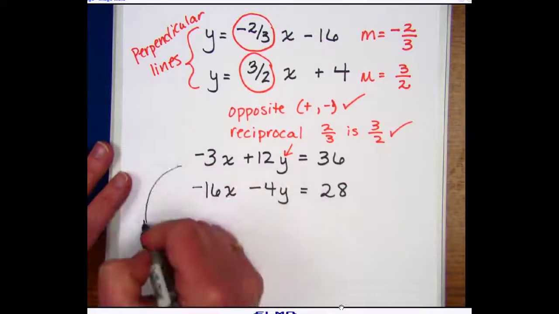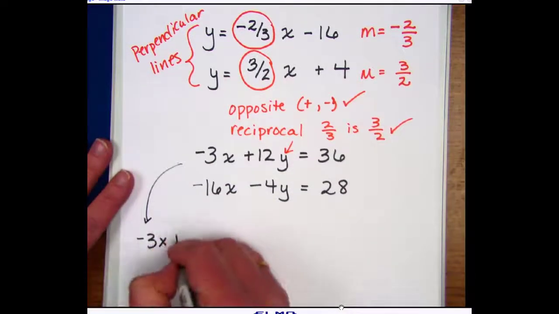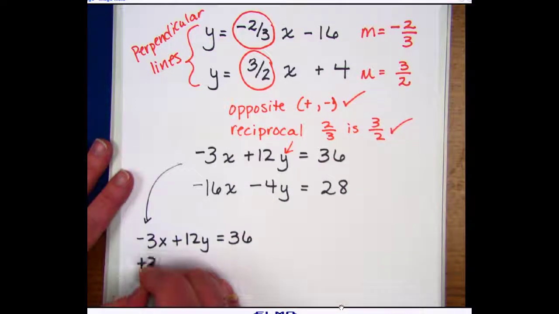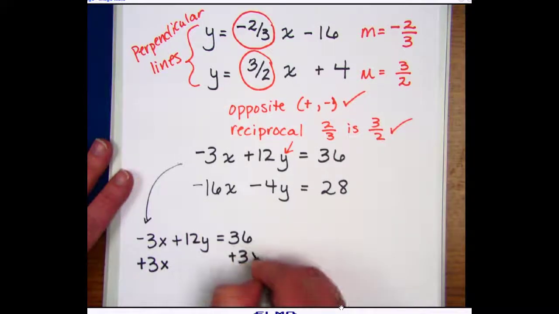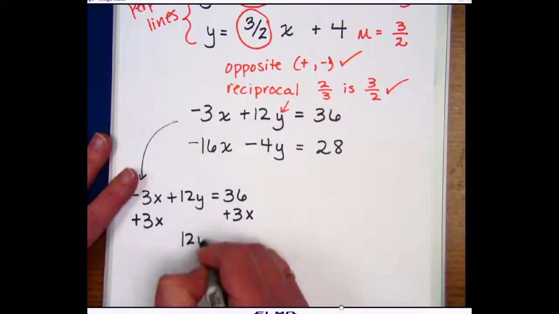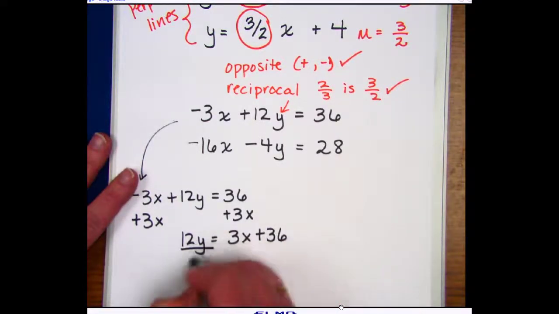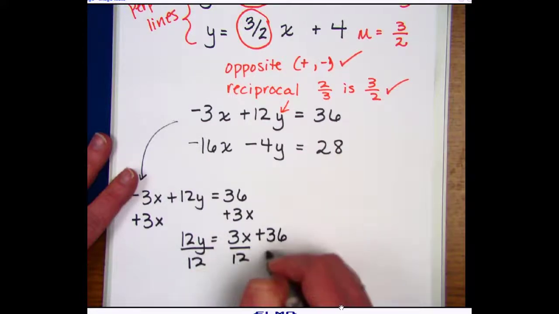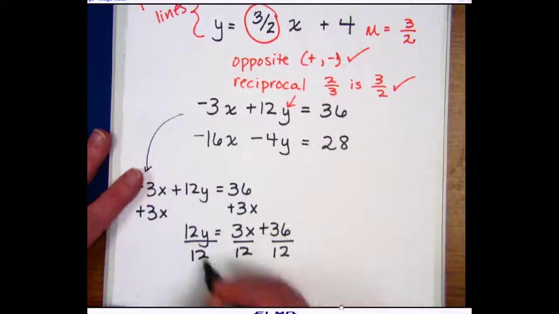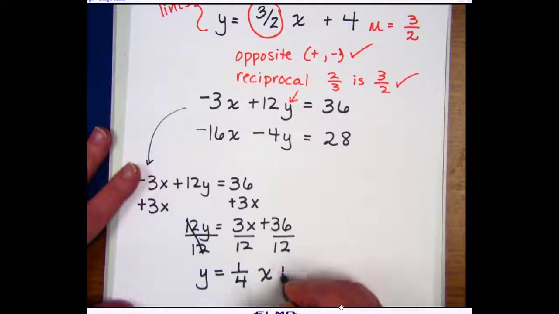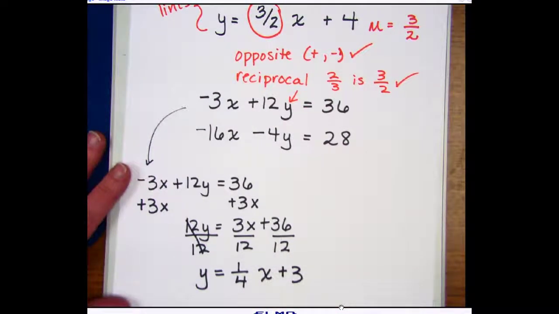Let's take our first equation. I'm going to add 3x to each side and divide by 12 every term. These would cancel and go to 1y. 3 over 12 goes to 1/4 x. 36 over 12 goes to 3.